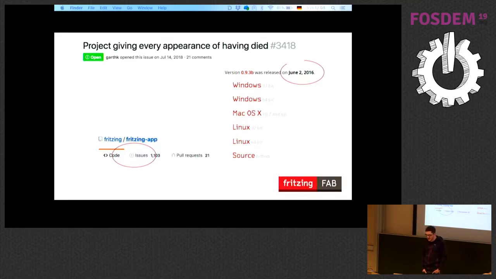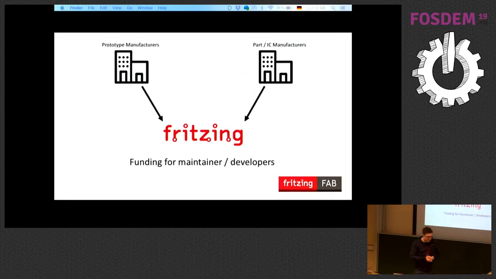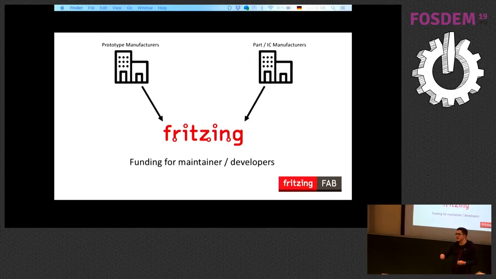And the first thing was, maybe there is money missing to pay a maintainer to really care about this project? So let's see how the Fritzing open source project earns money to sustain and fund the development. How does that work?